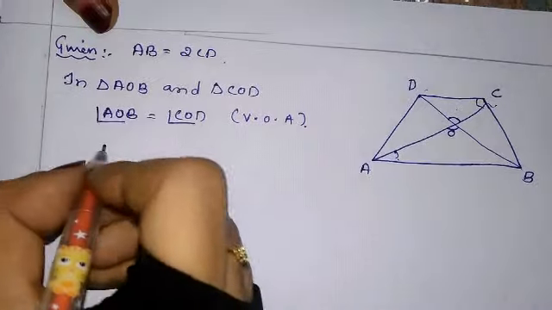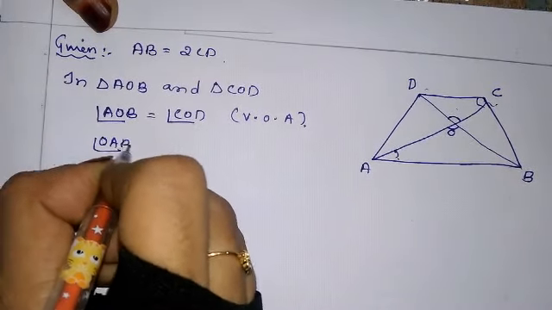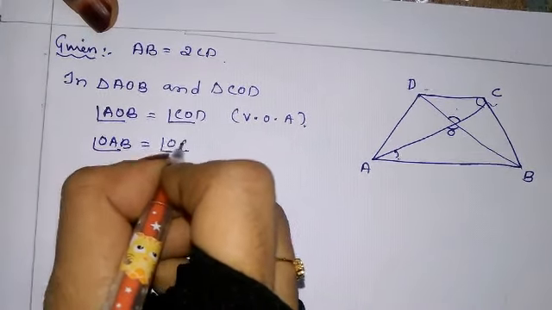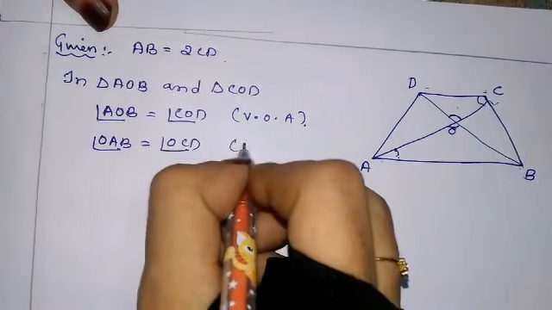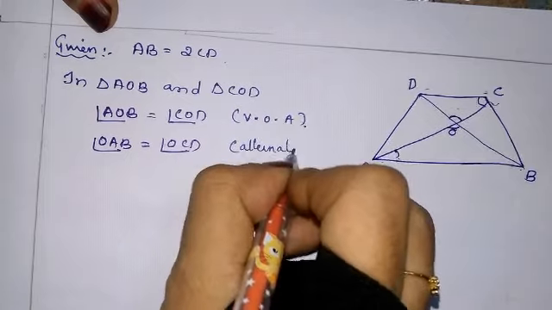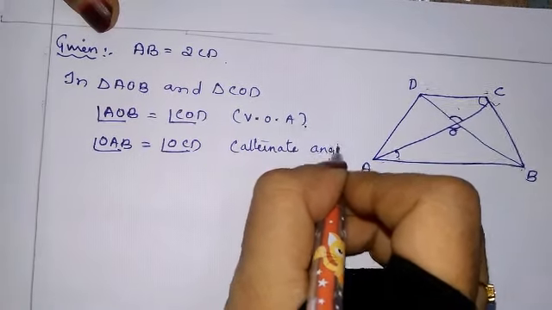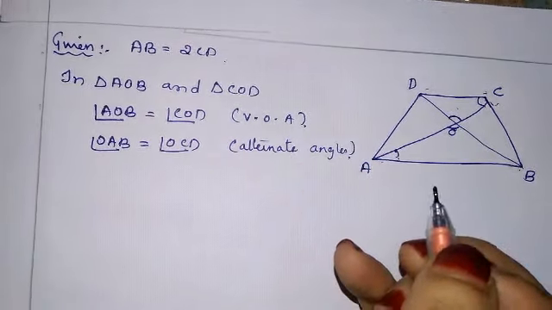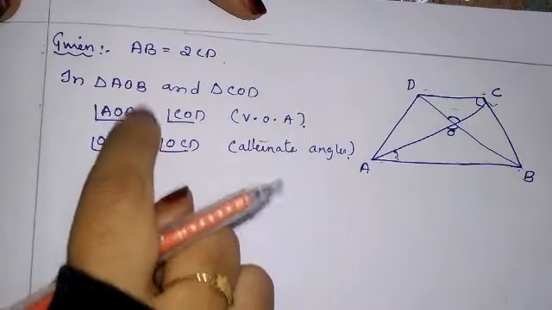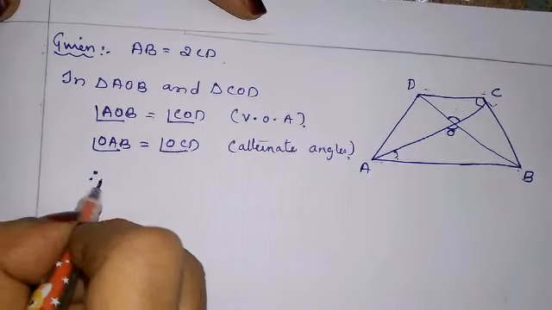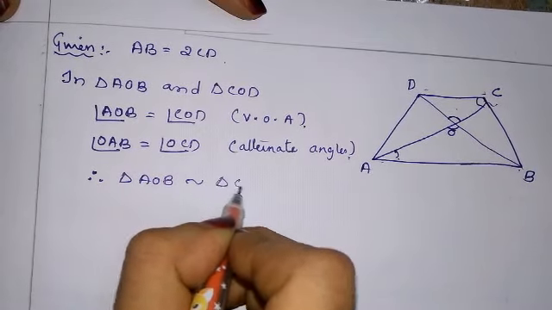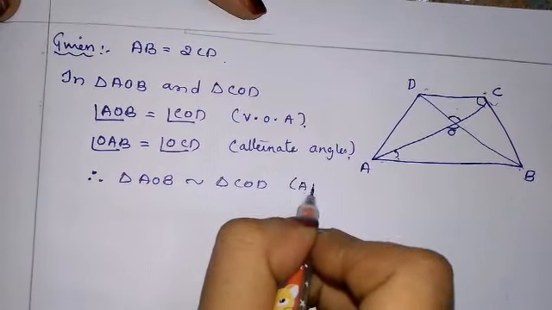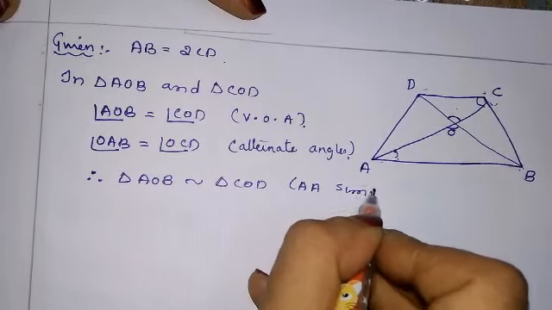So I'll write angle OAB is equal to angle OCD, nothing but alternate angles, and alternate angles are also equal. When two angles are equal, therefore triangle AOB is similar to triangle COD by AA similarity.